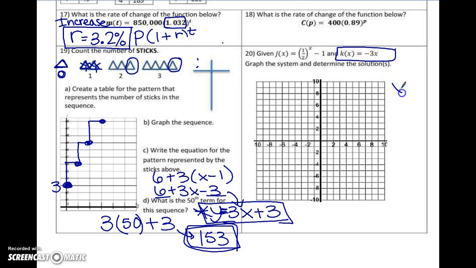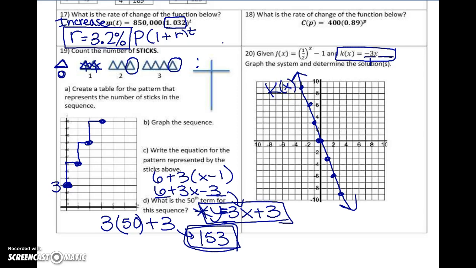K of x, if there's not a number here to start at, I start at 0, and I can go down 3 over 1, down 3 over 1, down 3 over 1, 3 over 1, 3 over 1, 3 over 1. So this is our solutions to the k of x.